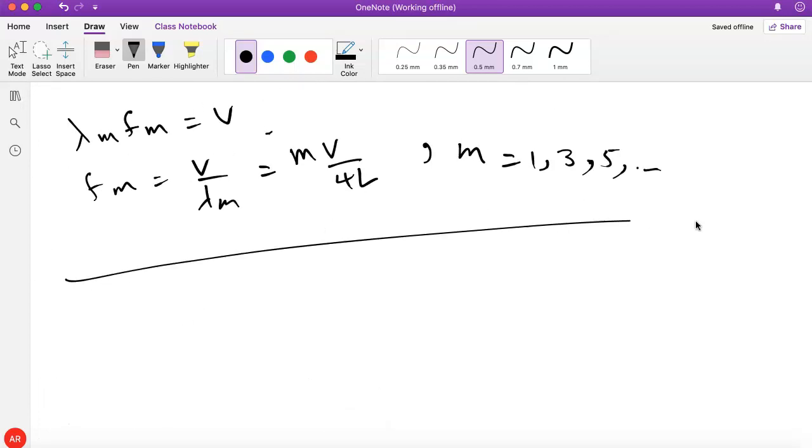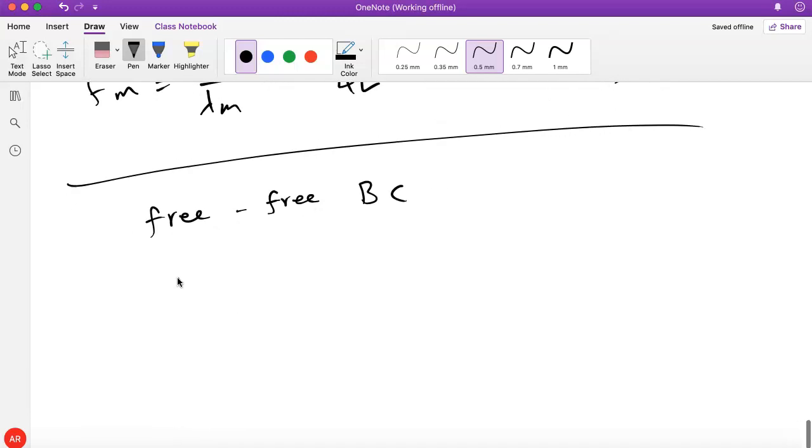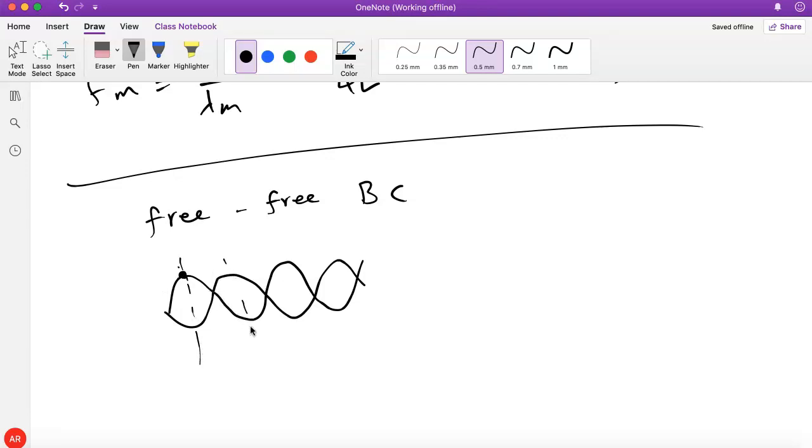Let's also take a look at free. Okay, so free again, thinking about the general pattern of standing waves. Well, we want to have antinodes at the end. So let's say this is one end. Then we can either have the next one here or here or here. But these are shifted by a distance lambda over 2, right?